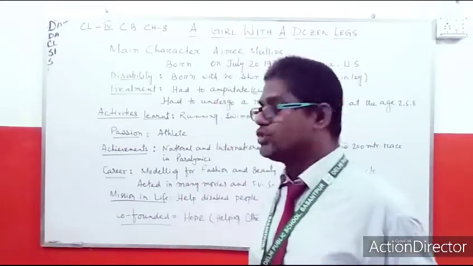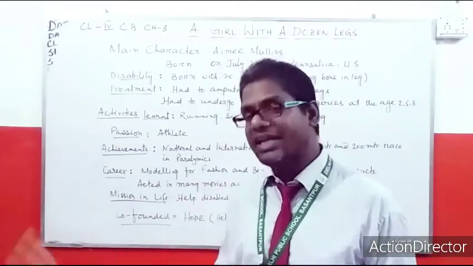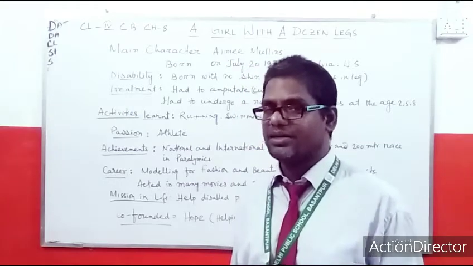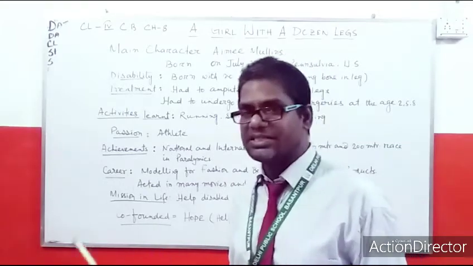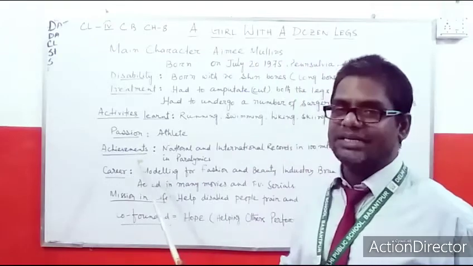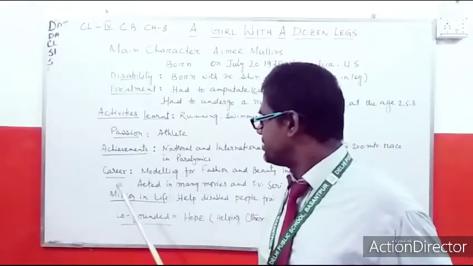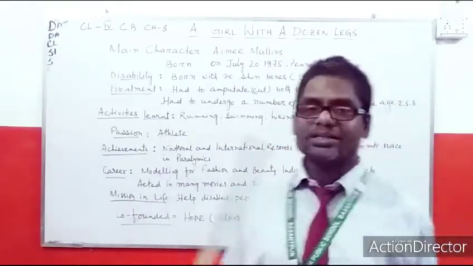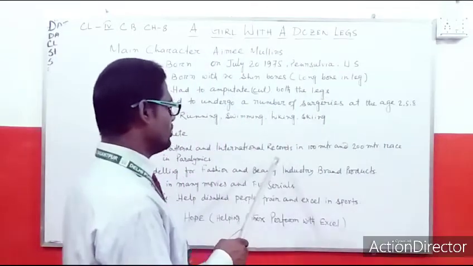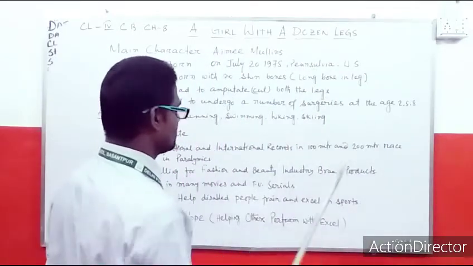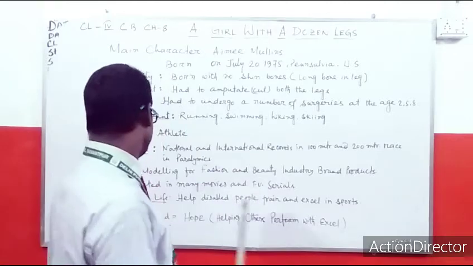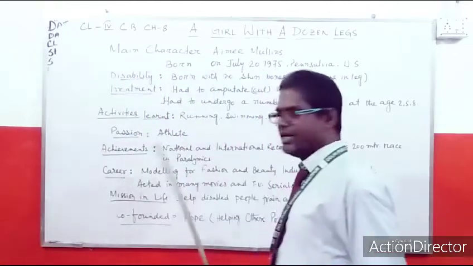But she had 2 amputated legs. That means she did not have 2 legs. So this was a special case, and she took part in so many activities and got national and international records in the 100 meter and 200 meter race. Can you imagine?